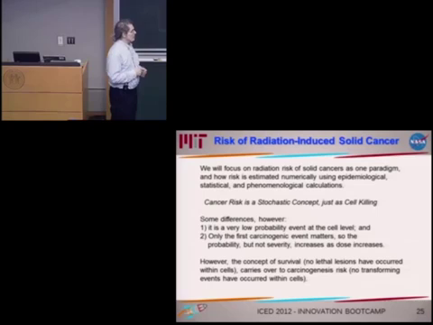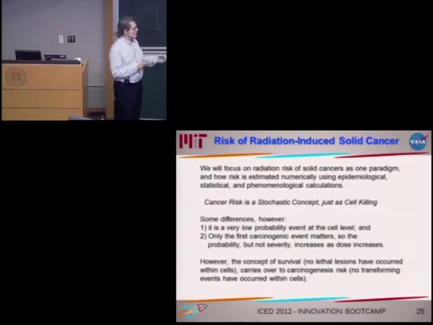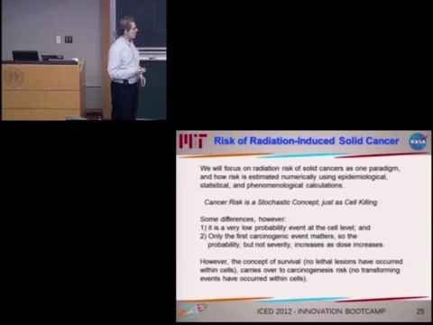Subsequent events to neighboring cells and so on are less important, because once a cancer originates, you're considered to be a cancer case, regardless of any possible additional transforming events. So that's another thing to consider. But nonetheless, the concept of survival, as discussed with no lethal lesions having occurred within cells, carries over logically to a carcinogenesis risk, where we talk about no transforming events having occurred within a cell.